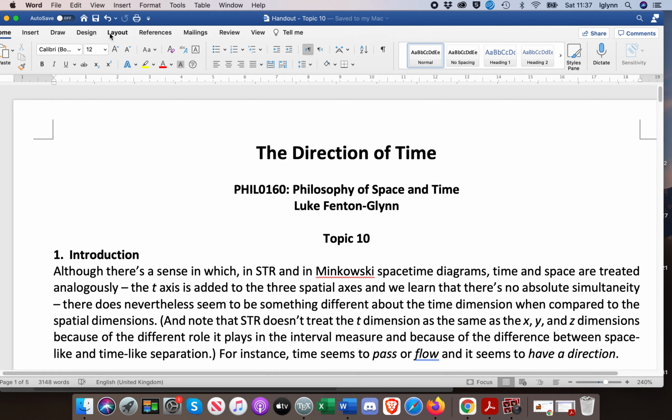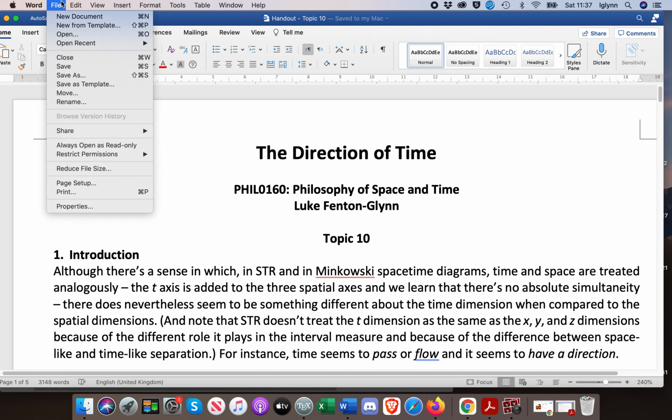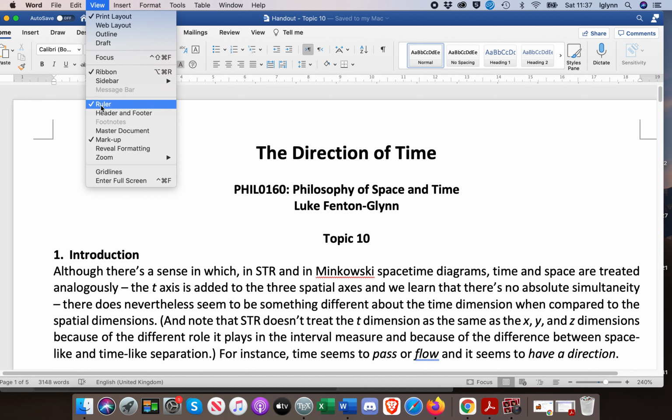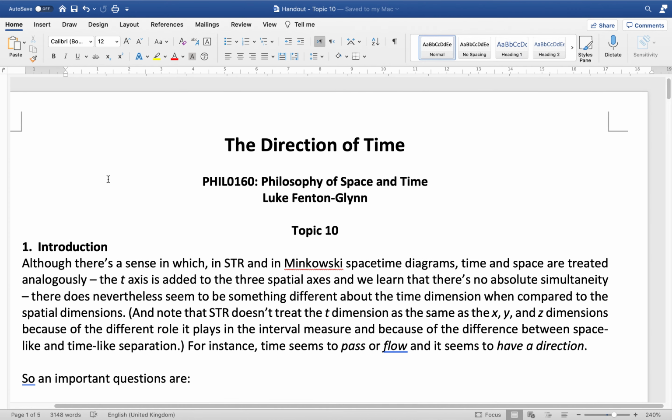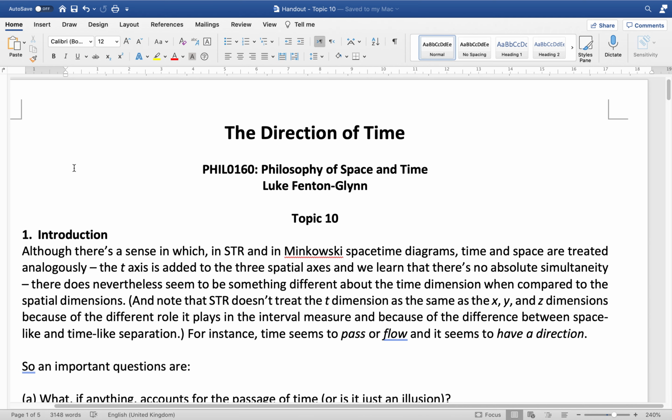So the starting off point is the observation that although in contemporary physics there's a sense in which time and space are treated analogously, for instance, in a Minkowski space-time diagram, the t-axis is added to the three spatial axes.